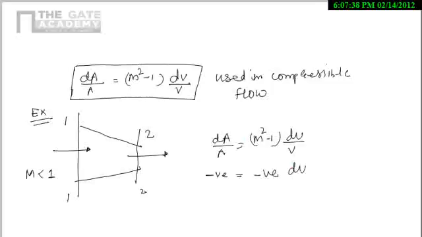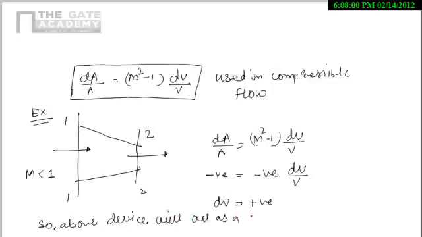So dV by V, that is change in velocity, will come positive, meaning velocity is increasing, so it will act like a nozzle. So we can say that the above device will act as a nozzle.